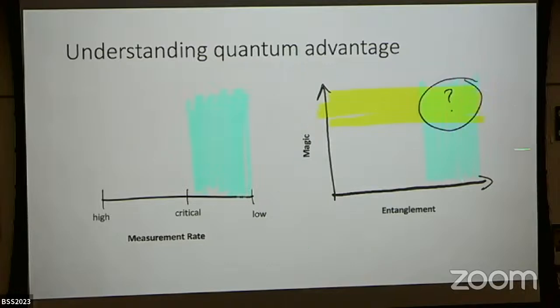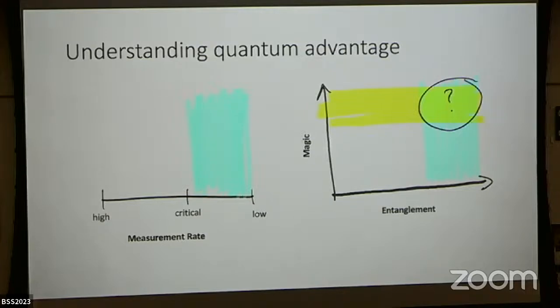And when you combine the high magic and the high entanglement, is this where quantum advantage lies? We want to try and understand the origin of quantum advantage from these different resource theory perspectives. So what resources do you need to do something that is truly powerful in quantum computation?